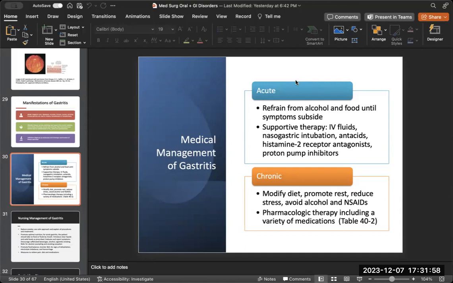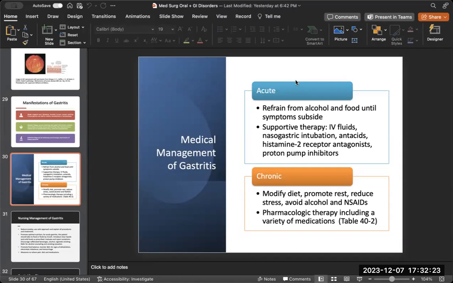So we're going to try to get them away from food right now. And how can we help them? Give them IV fluids, right? Antacids, right, to reduce some of that inflammation and acidity, okay? Proton pump inhibitors, antihistamines, right, for the acidity, but also for inflammation, okay? So we're giving all of these different things to help with that, okay?